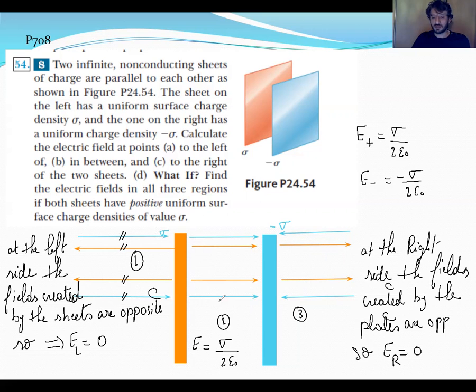The addition will be sigma over epsilon 0. If you want, you can write sigma over 2 epsilon 0 plus sigma over 2 epsilon 0, and we get sigma divided by epsilon 0. This is the value of the field here.